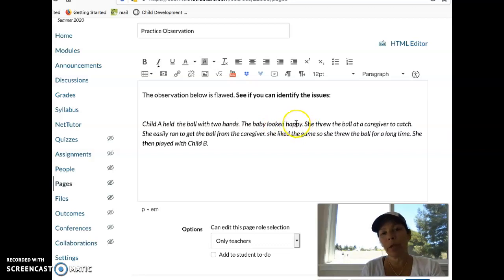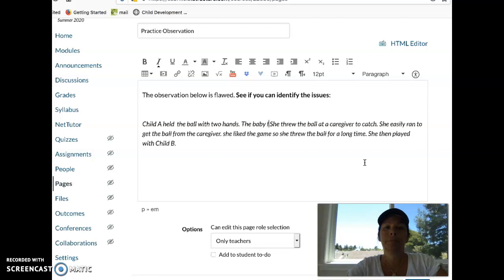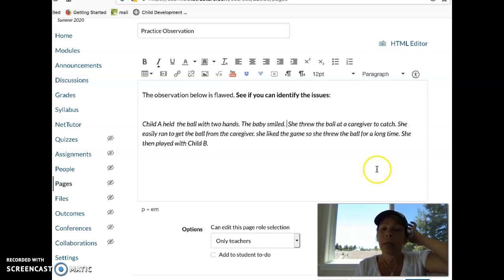So in your observations, you want to avoid making any assumption about emotion or intention. So let's imagine what the baby might have done to give us the impression that they were happy. So maybe the baby smiled. And period.